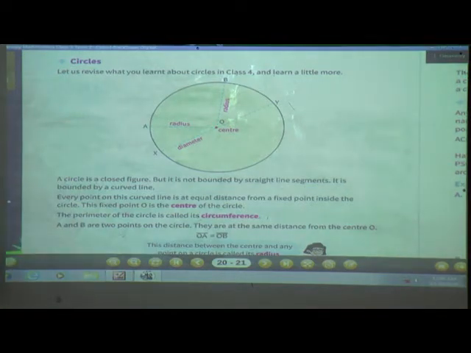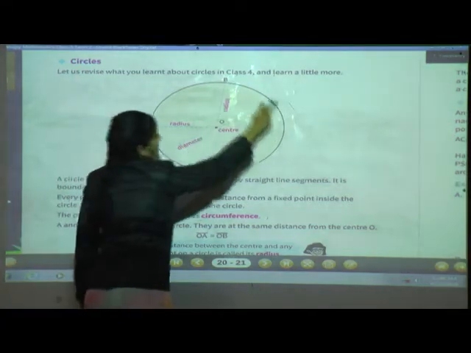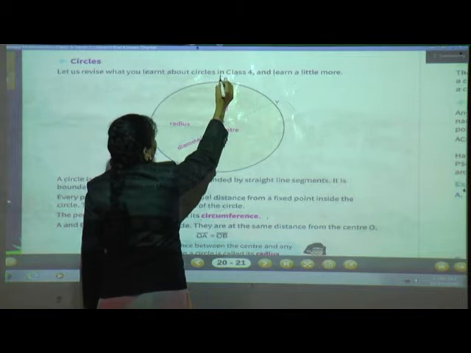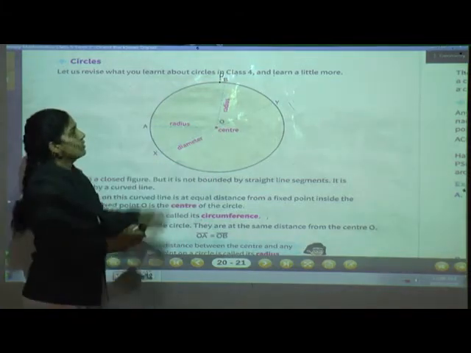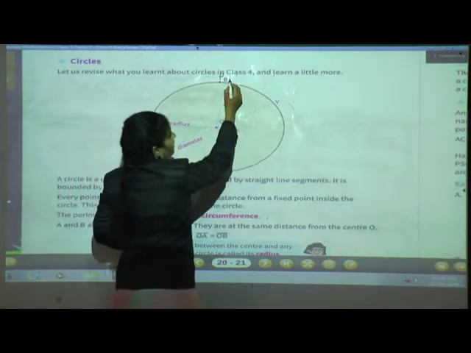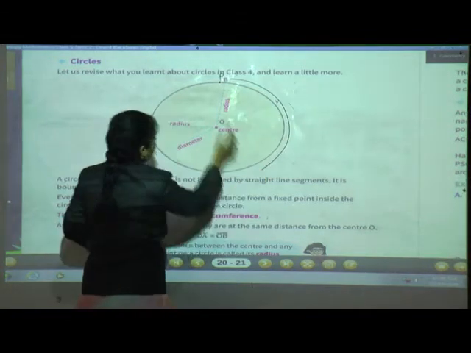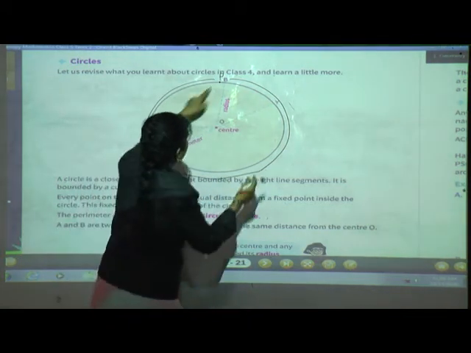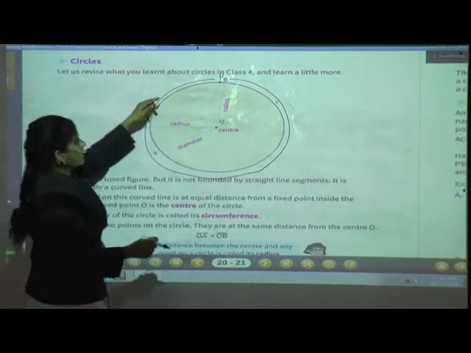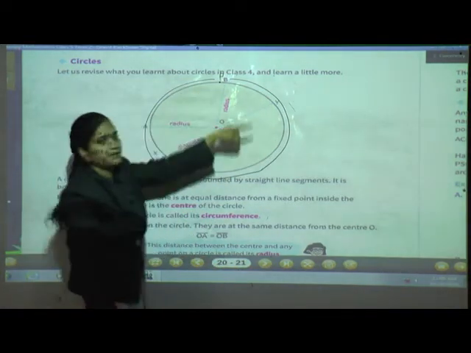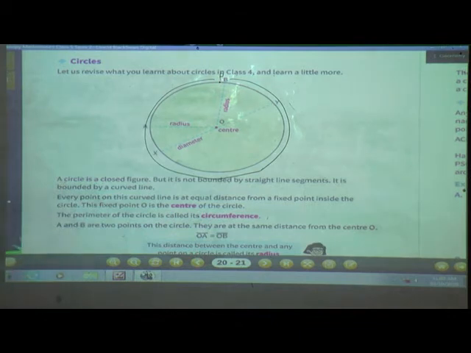See, what is a circumference? Suppose students, this is a circle and here is a point P. P is a person and it has to cover this distance. P has to reach again here by this path. So what distance has P covered?